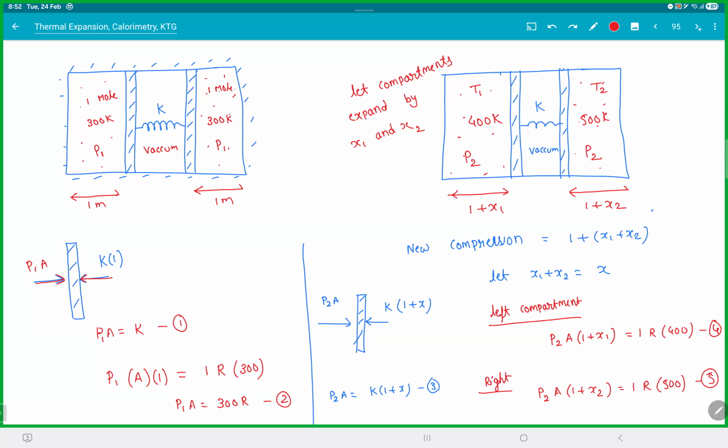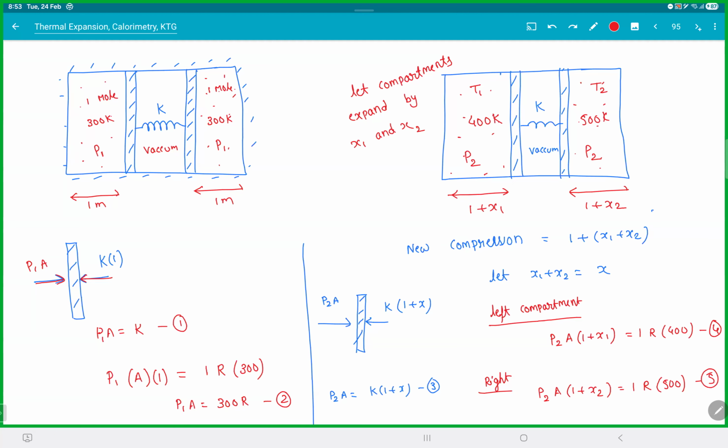Can you simplify this? I'll give you a minute. Anyone not clear with the equations, please ask me. All clear with the equations?